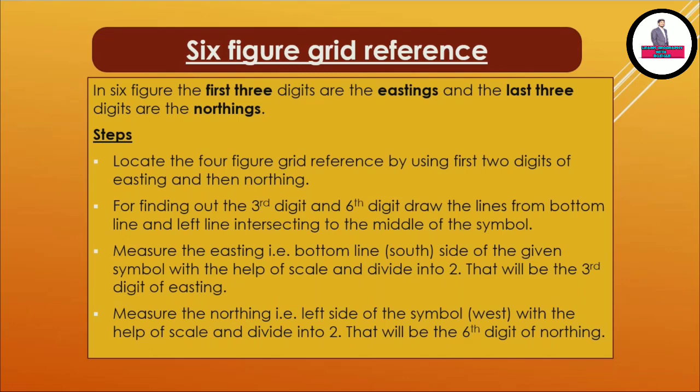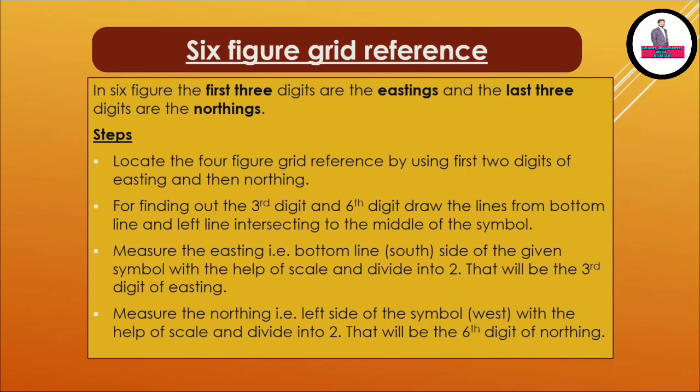Locate the 4-figure grid reference by using first 2 digits of the eastings and then northings. So we know what is 4-figure grid reference. So first you need to find out the 4-figure grid reference. Write these 2 eastings, leave 1 dash, and then 2 northings, leave 1 dash.